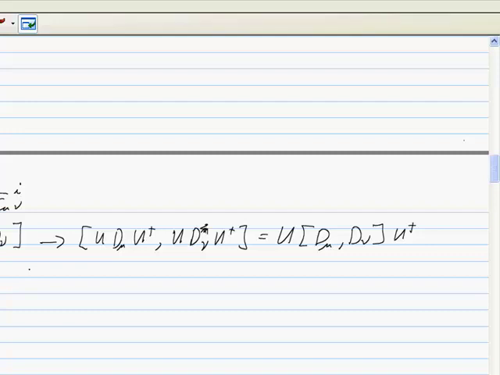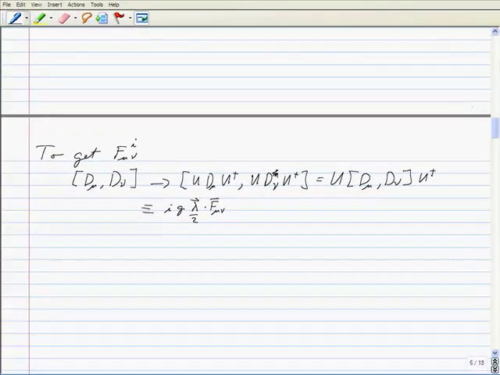So we're going to define this thing to be ig λ·Fμν/2. Let's just work out what it is. So [Dμ, Dν].